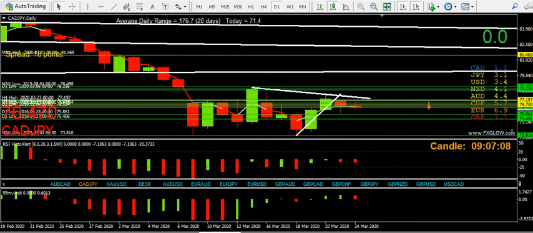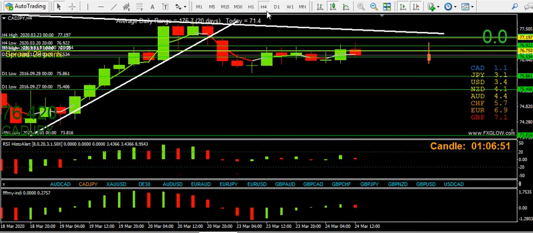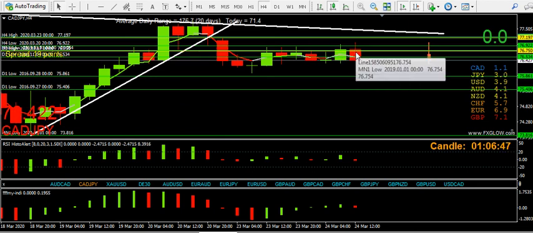Just double check that level, that one there. Oh yeah, it did. No, it has closed below it. So this is now bearish, because it's come back and tested and hasn't held, and the price is dropping. So that daily chart tells us a lot, and lo and behold, the price is trying to reverse.